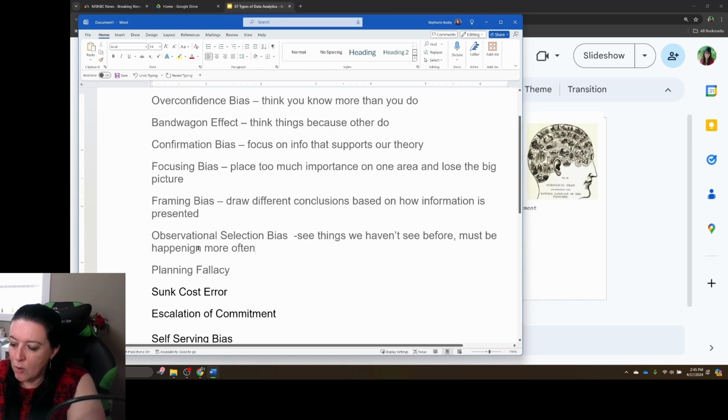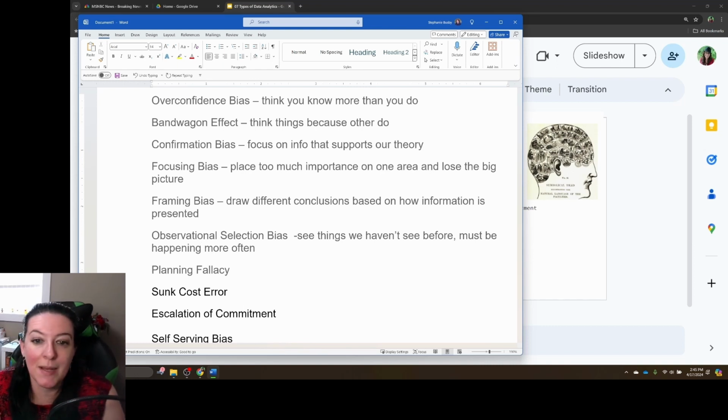So if you hear more now about plane crashes and issues with planes, there must be a bigger problem now with planes than there has been in the past. We hear more about child abductions now than we have in the past. Are they more frequent? Is this a bigger problem than it used to be?